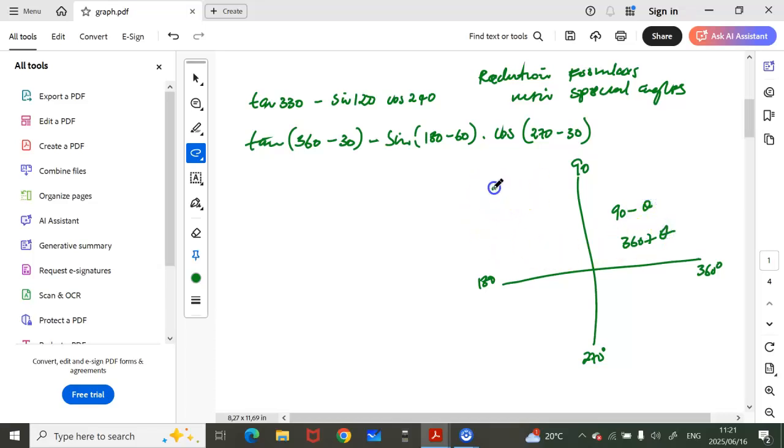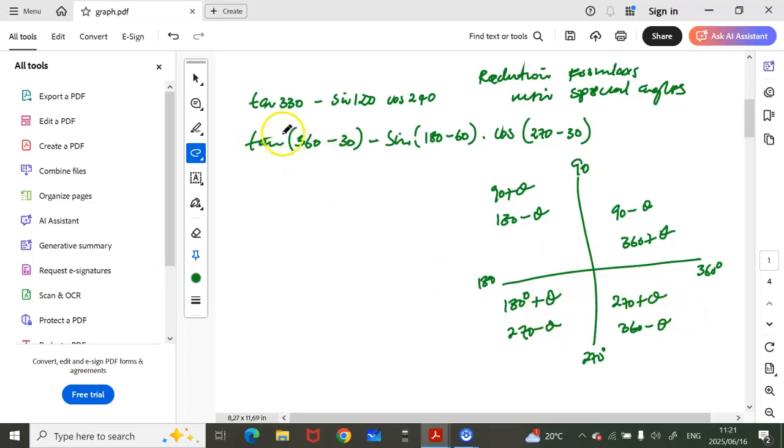This side we've got 90 plus and 180 minus. This side we've got 180 plus and 270 minus. This side is 270 plus and 360 minus.